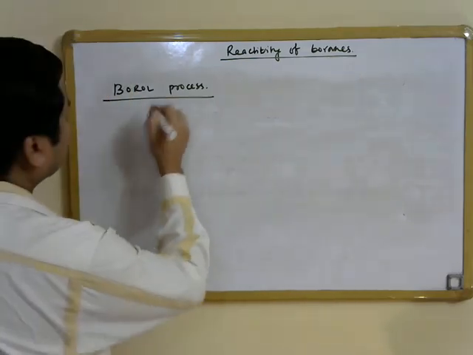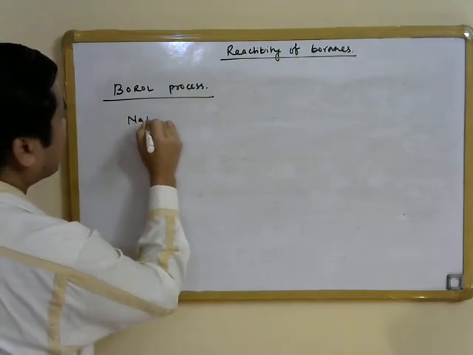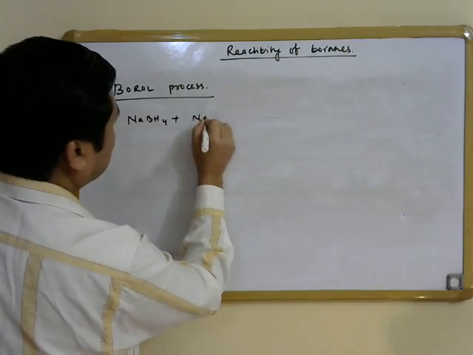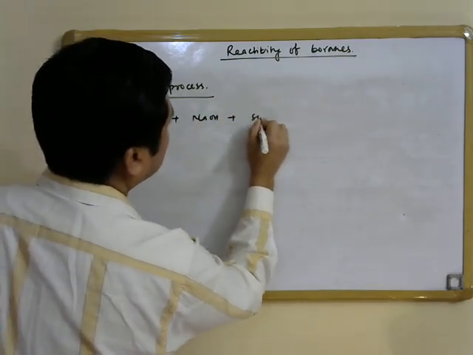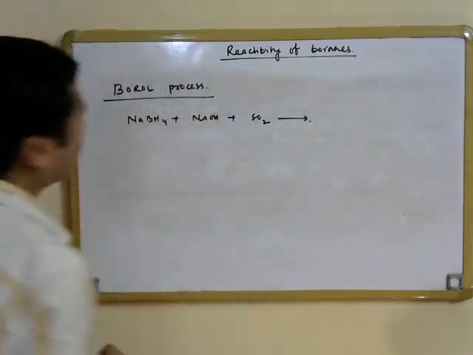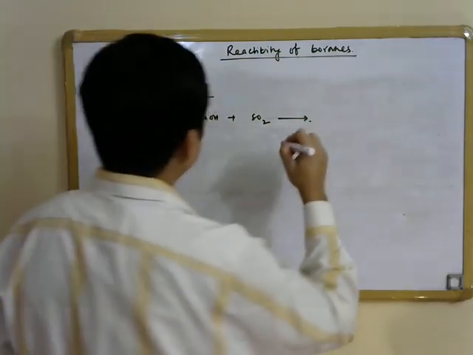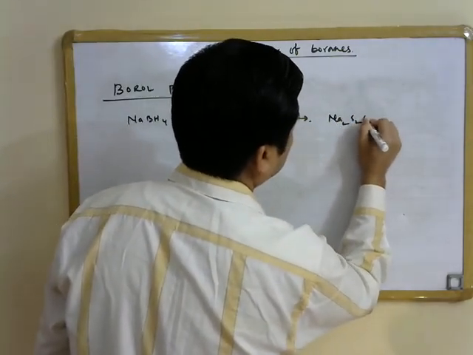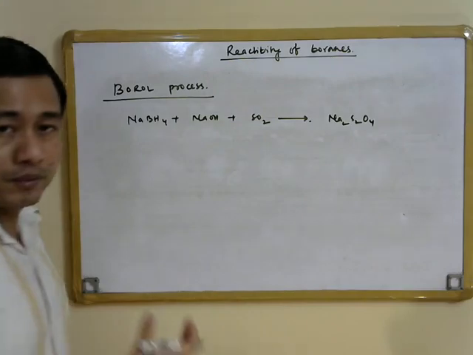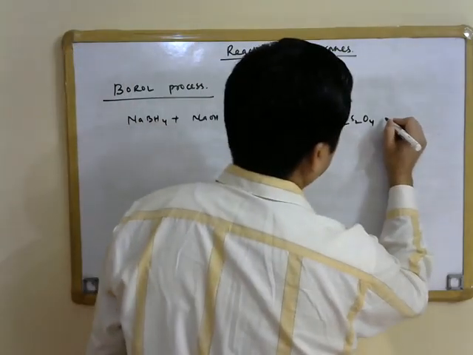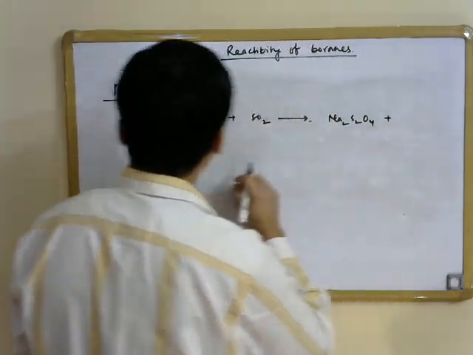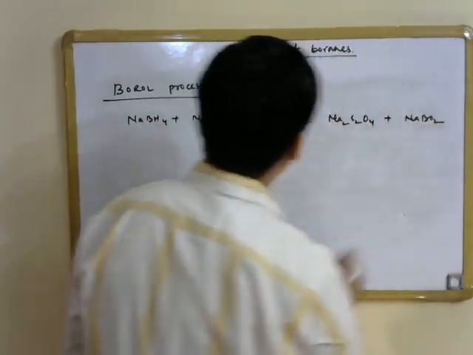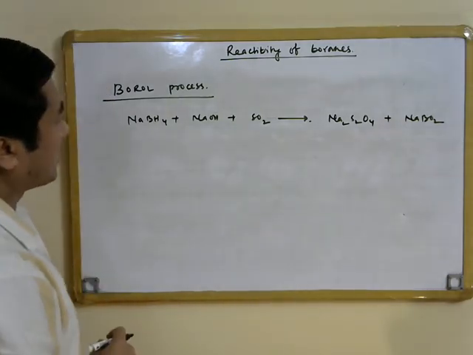During this process, sodium borohydride is used in an alkaline medium to reduce SO2 into dithionite, that is Na2S2O4, sodium dithionite, which is formed here, while this is going to form NaBO2.